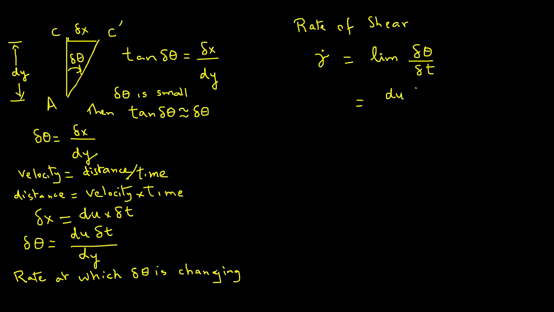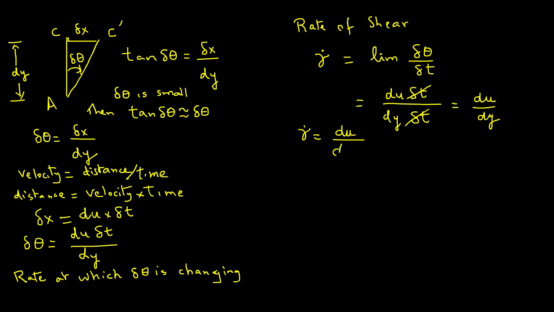So delta t will cancel out and gamma dot will equal du over dy. So the shear rate is the change in the velocity divided by the distance between the plates. So it is du over dy.